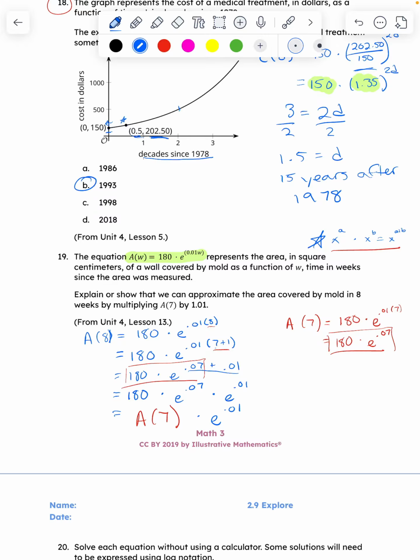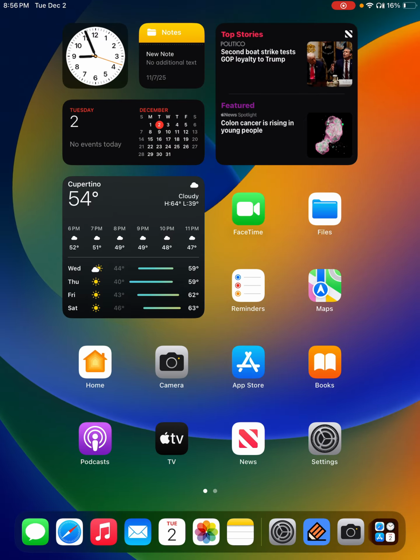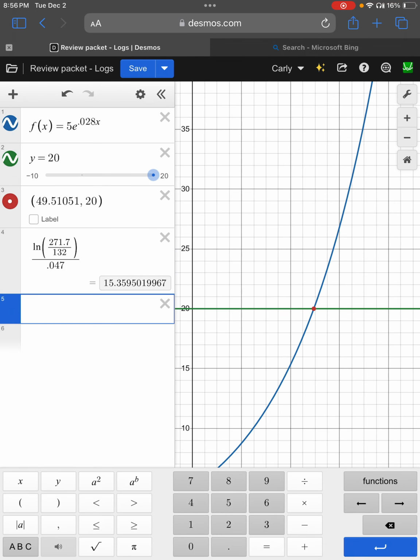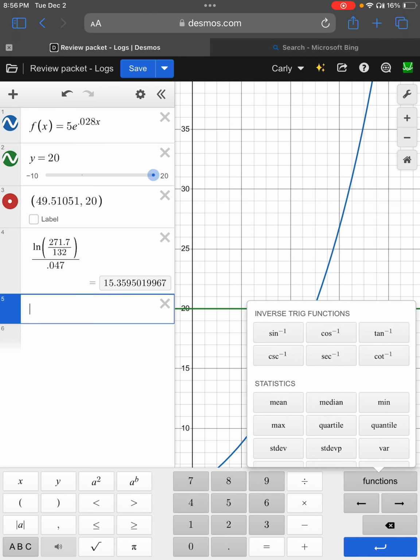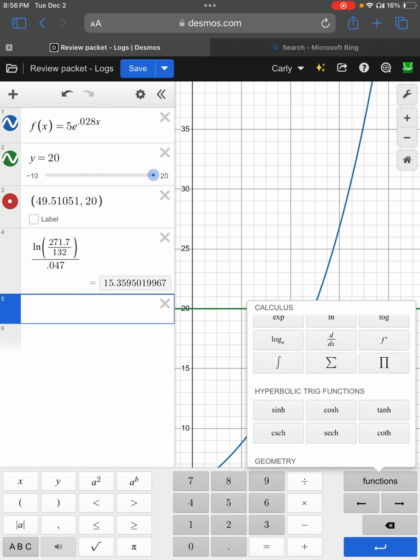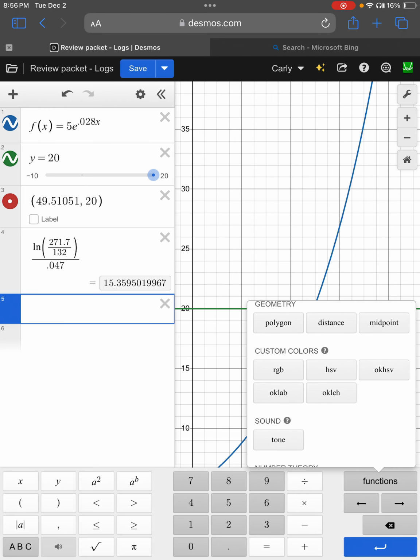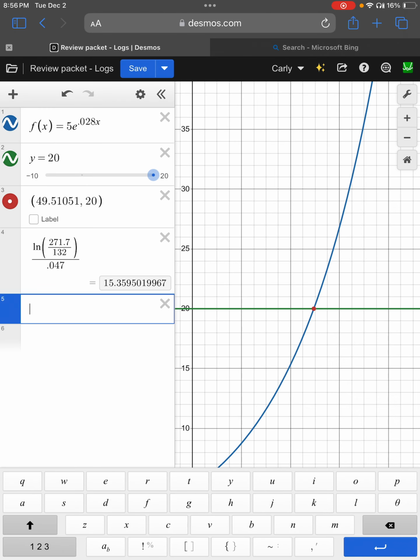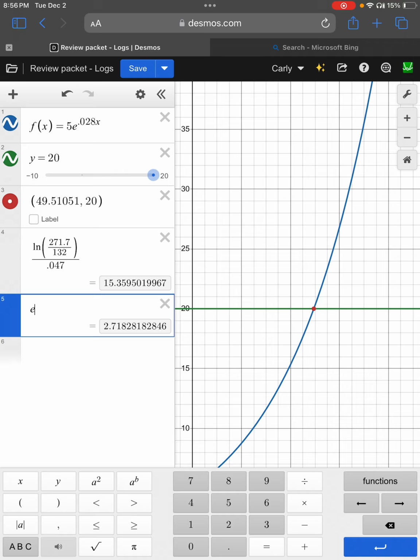And when I take my e to the 0.01, my calculator gives me 1.01.